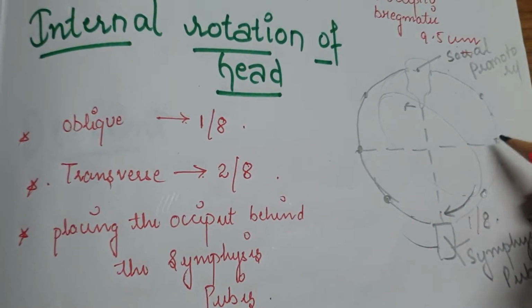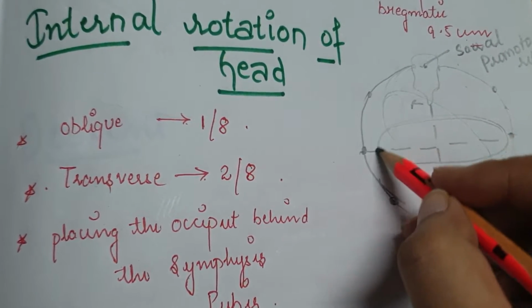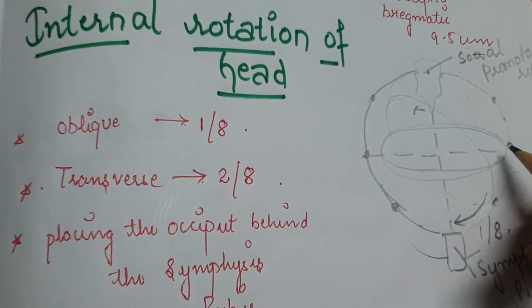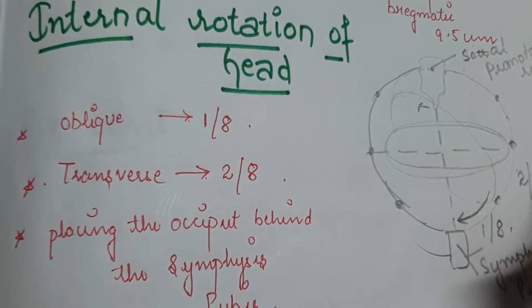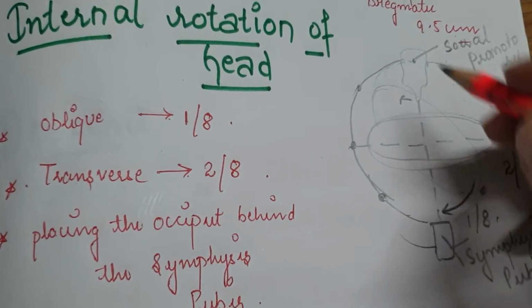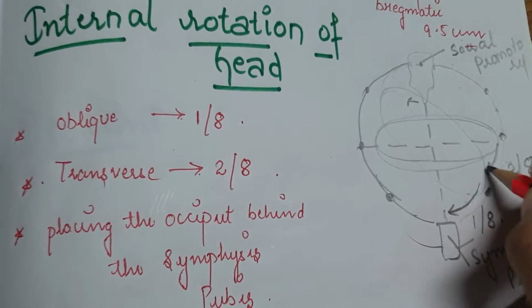So if the head lies in transverse position like this, then the head of the fetus should move 2/8 of the circle. 1 plus 1, 2.